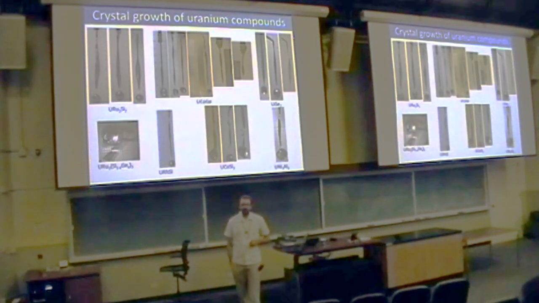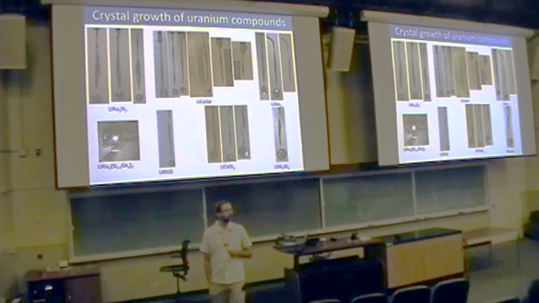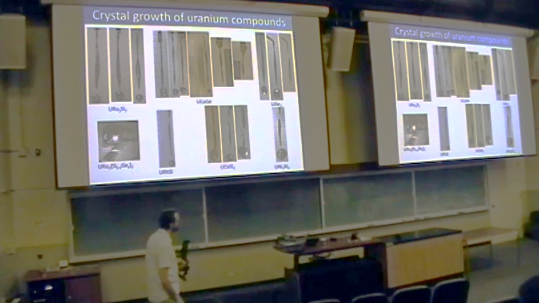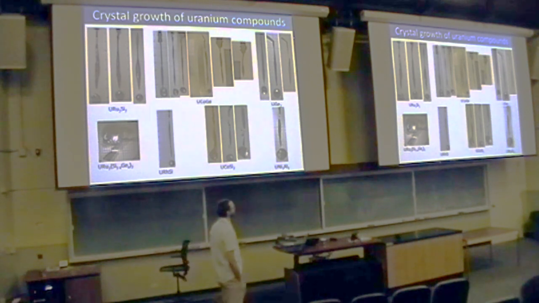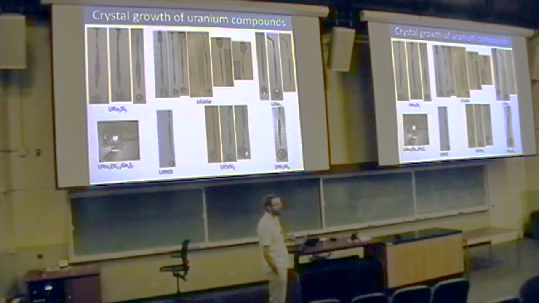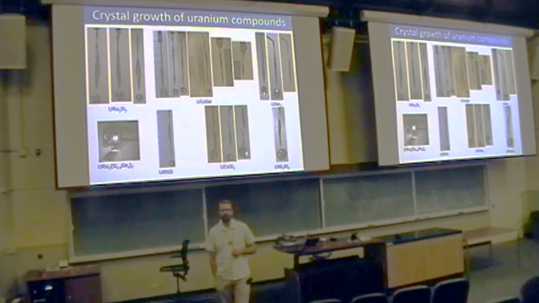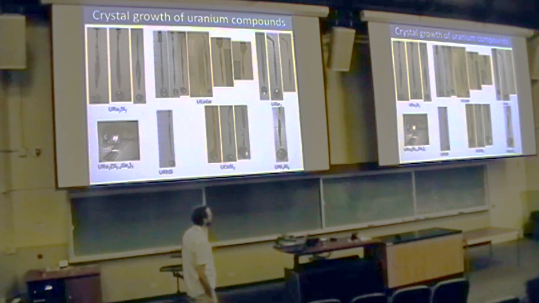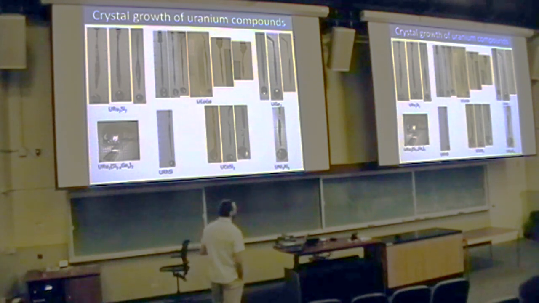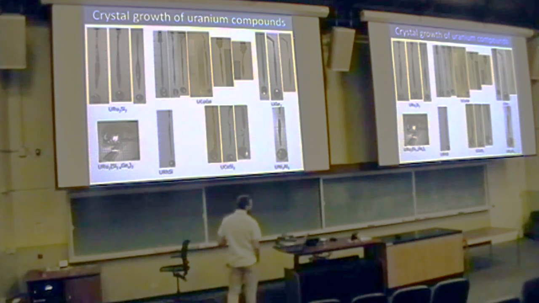Mostly I've used this technique to grow uranium compounds, and with just this narrow range of compounds, you can already touch very interesting kinds of physics. For example, there is a hidden order state in uranium ruthenium silicon 2.